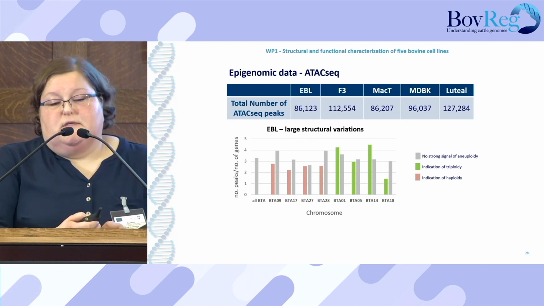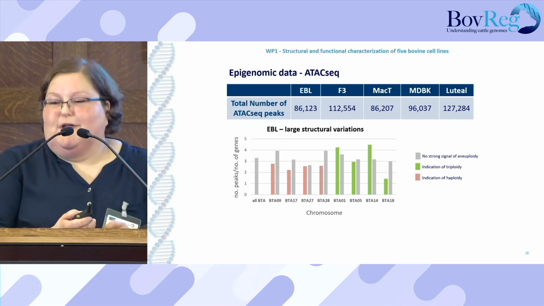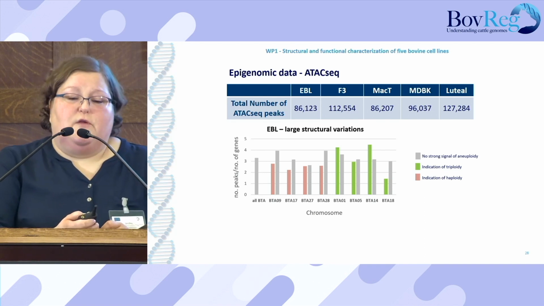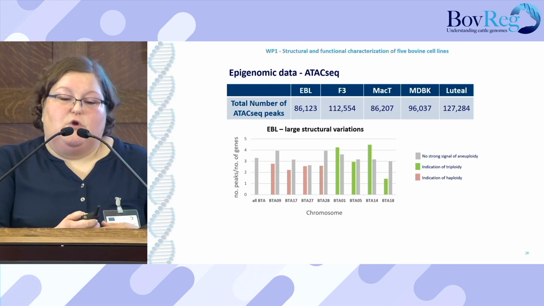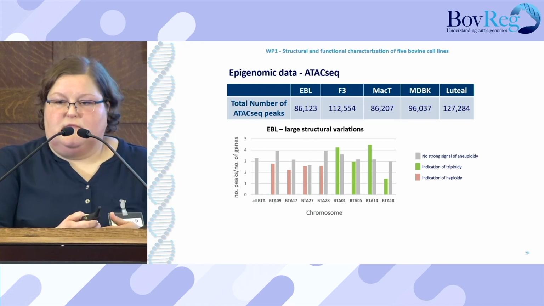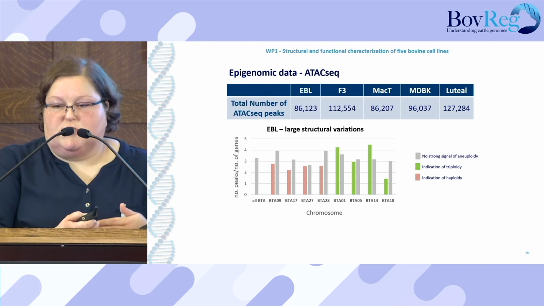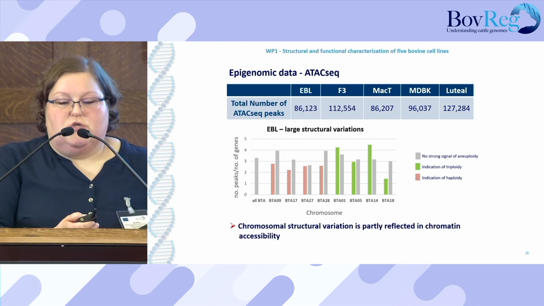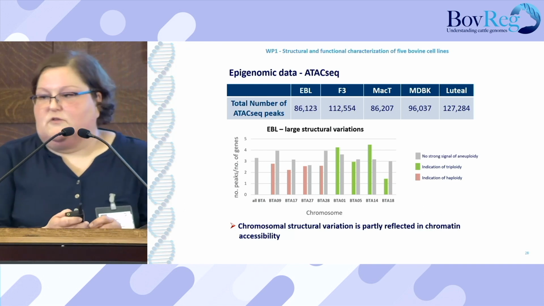And here the picture is less clear, I would say. You have chromosomal regions where you can see that the ploidy affects this ratio, but you also have regions where you can't really see that if you just look at the picture. So the chromosomal structural variation is only partly reflected in the chromatin accessibility.